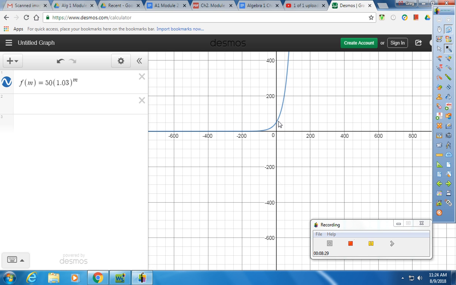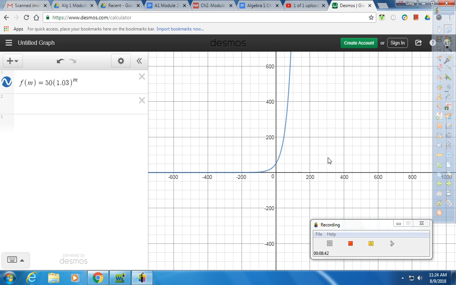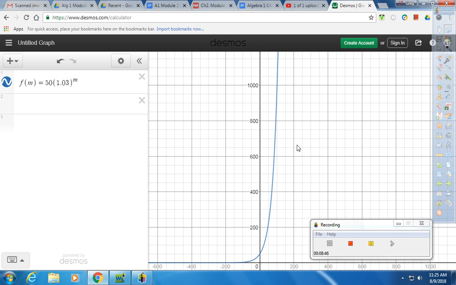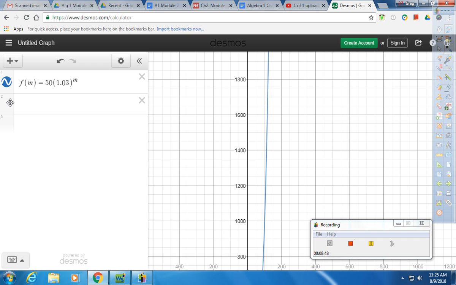This is like one of the most important things I could ever teach you. This is the amount of months that have gone by, the amount of M's, months. This is how much money your $50 is now worth. So notice, if we just scrolled up, after 200 months, where is that? Well, let's look at it as a table.